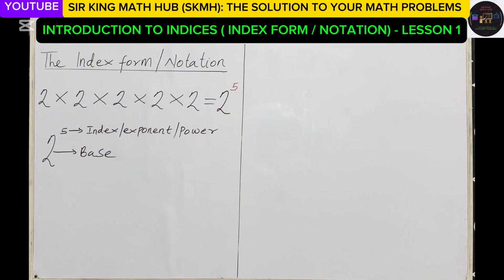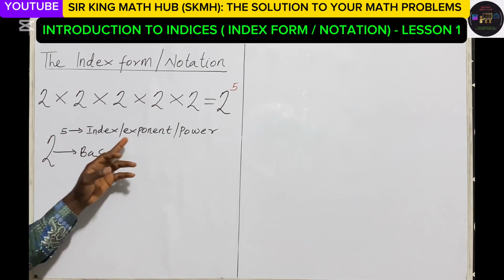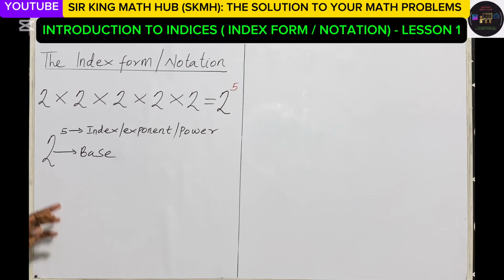So as we saw, this could be read as 2 index 5. It could also be read as 2 exponent 5. It can also be read as 2 power 5. Now, what does the index tell us?